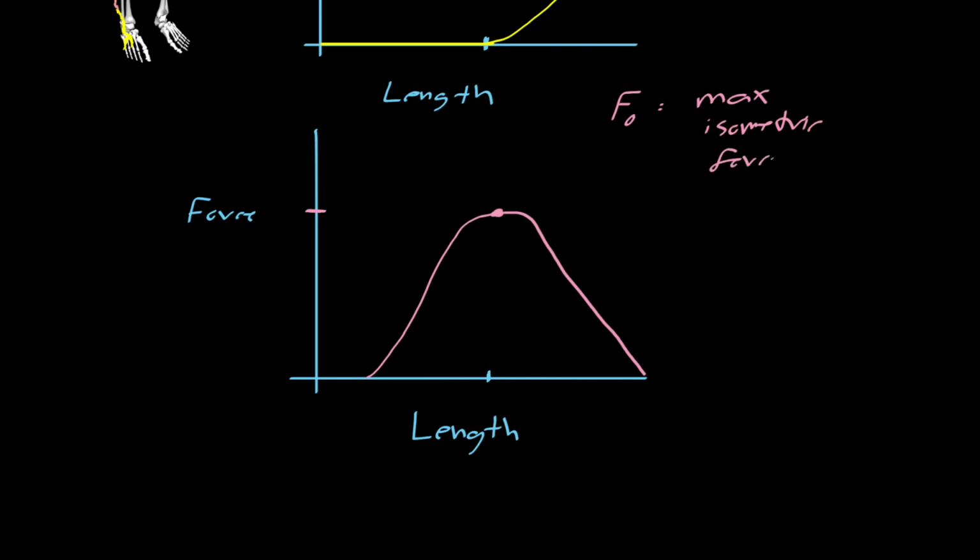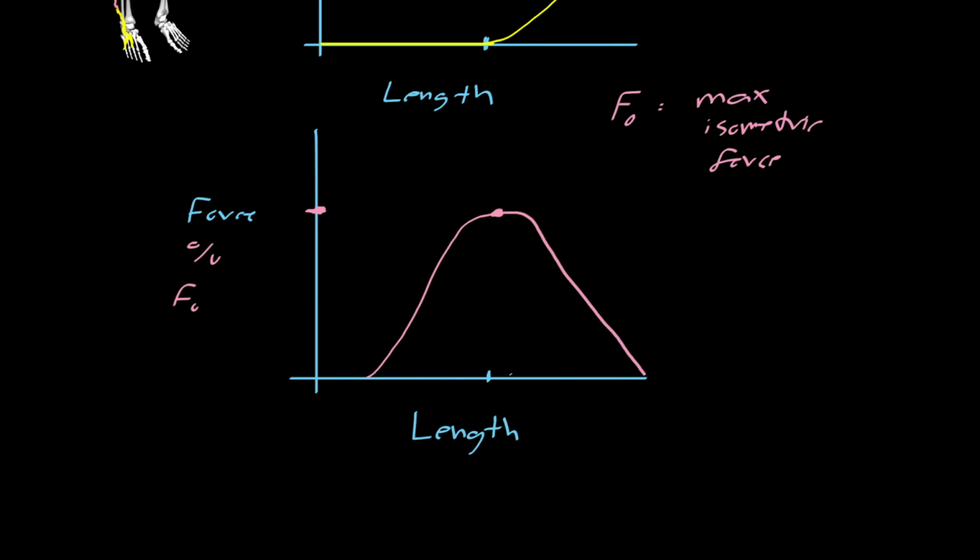force. And of course, it's going to depend on the muscle, but we express the behavior over here and over here as just a percentage of that maximum muscle force.